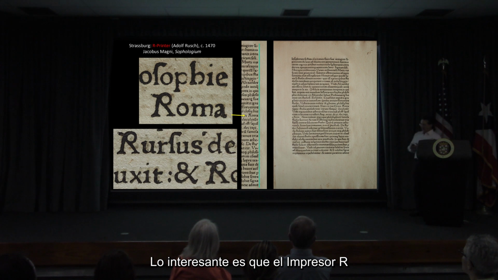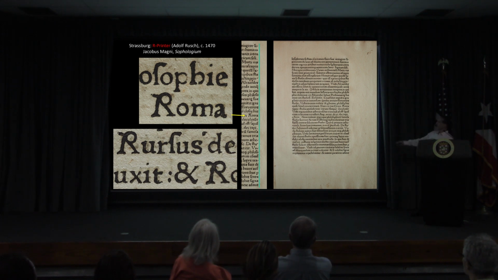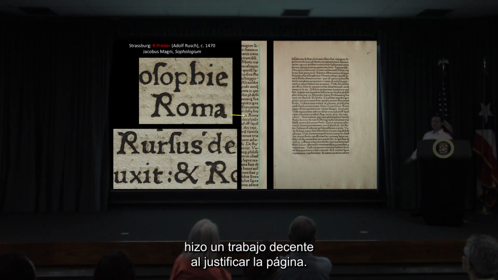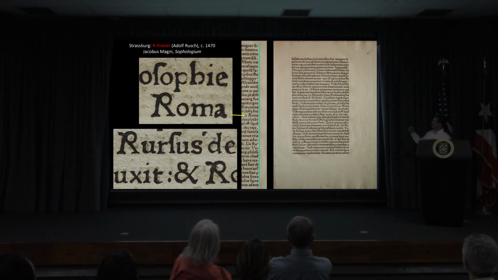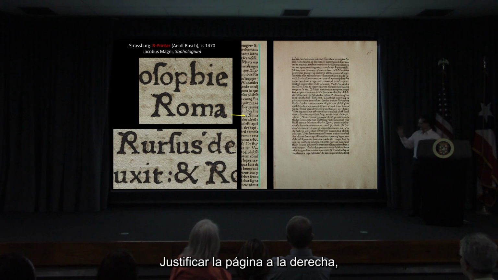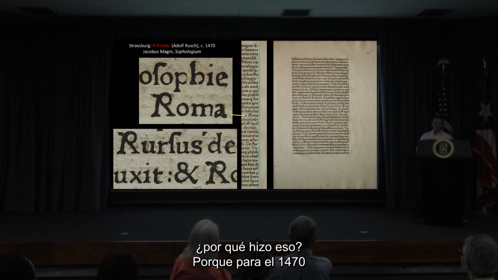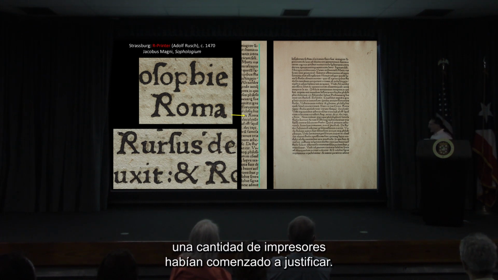But what is interesting is that the R printer did a decent job in justifying the type page on the right. Why did he do that? Because by 1470, a number of printers had started justifying.